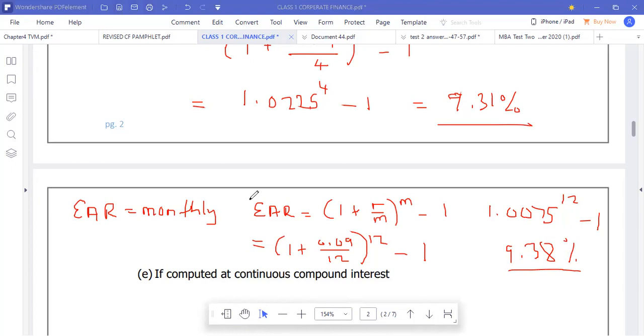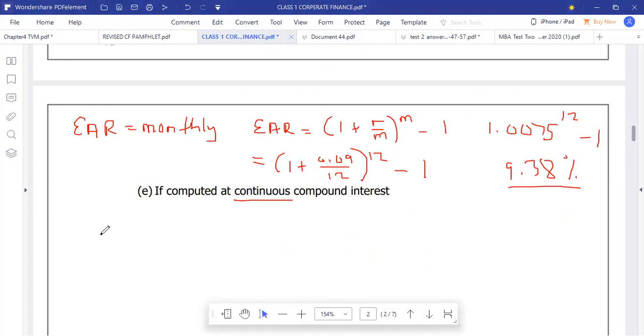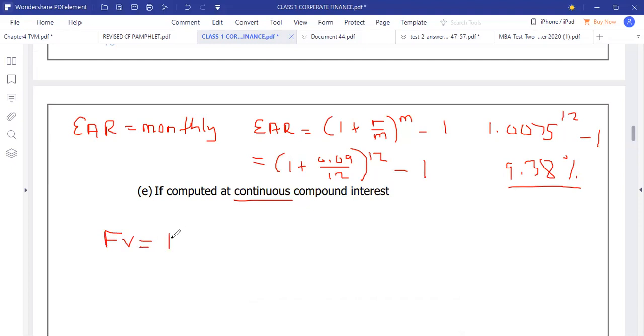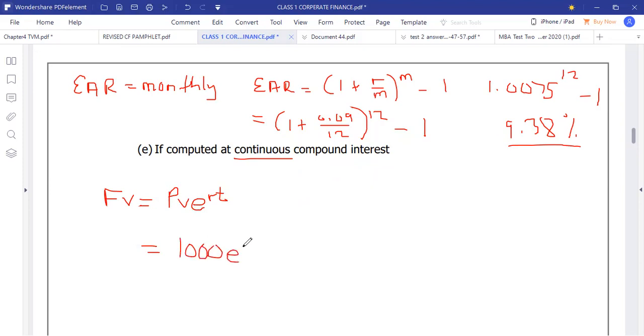Okay, suppose it's compounded continuously. What is the formula? Future value is equal to PV e to the power RT. So our present value was 1,000, and here we put our e. Our interest rate was what? 9%, 0.09.